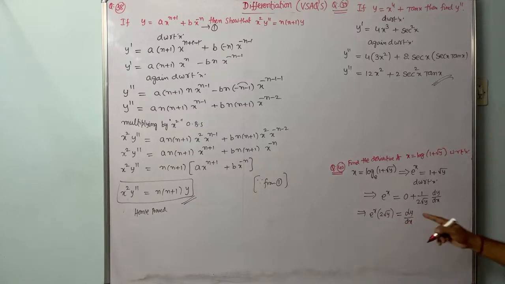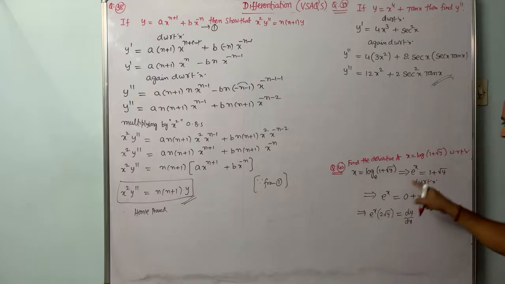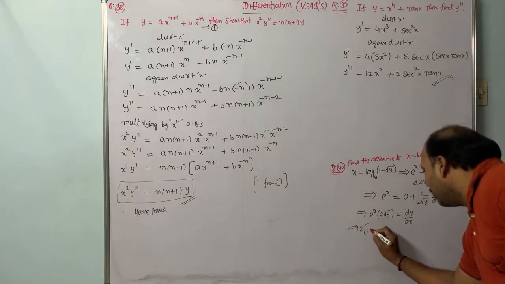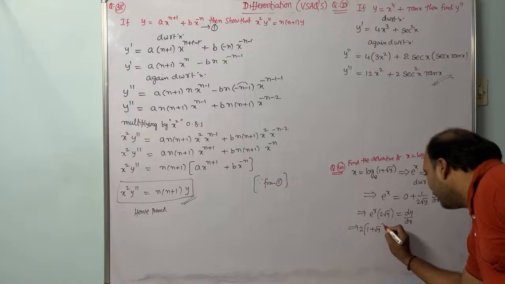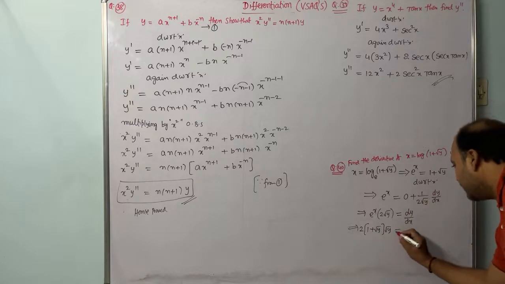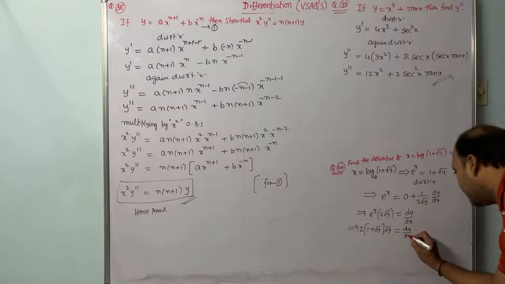But I want dy by dx in terms of x now. So in place of e power x, 1 plus root y, you write it. So 2 into 1 plus root y into root y. Wherever e power x is there, I am writing 1 plus root y, which is equal to dy by dx.